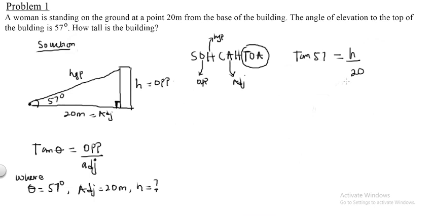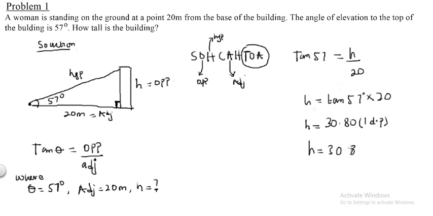We can cross multiply from here and say h is equal to tan 57 times 20. If you use your calculator, tan 57 degrees times 20 is 30.8 to 1 decimal place. The height of the building is 30.8 meters.